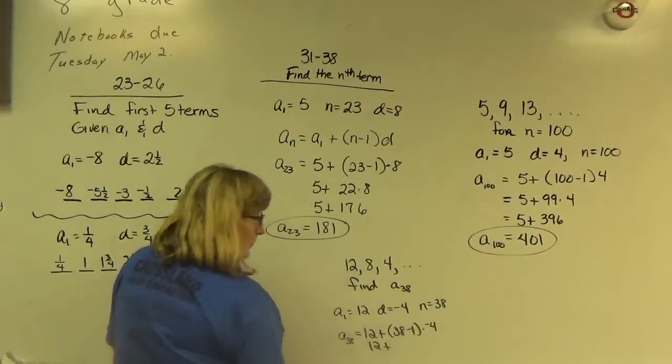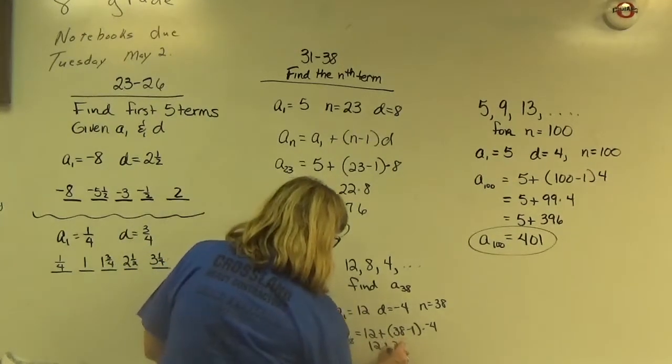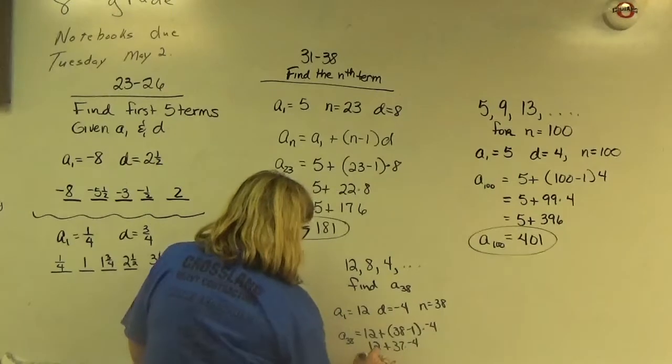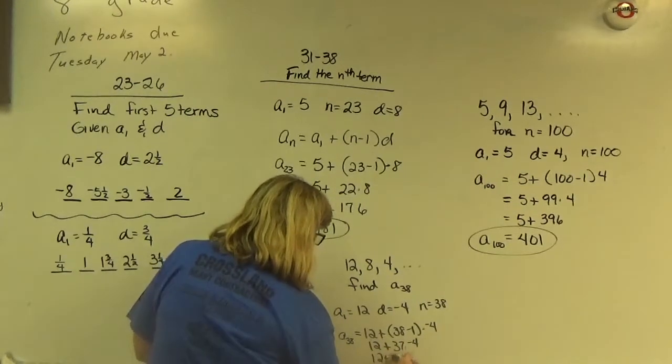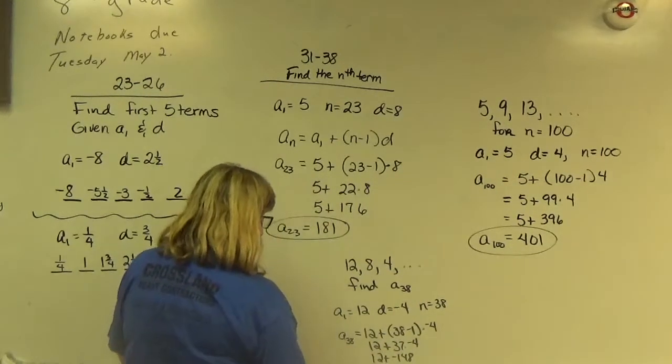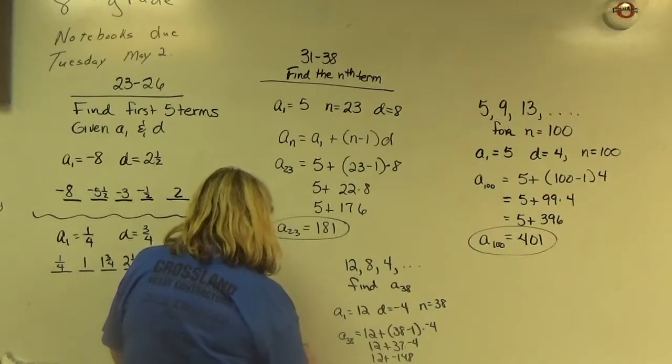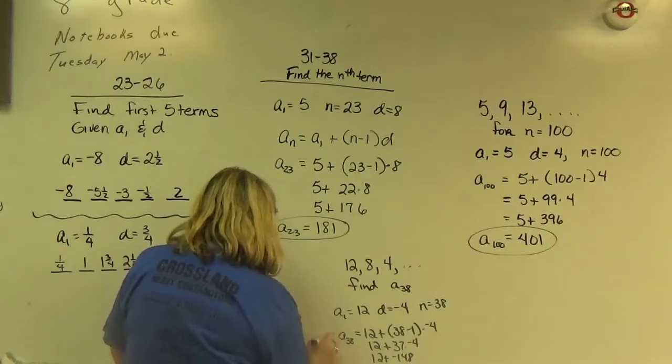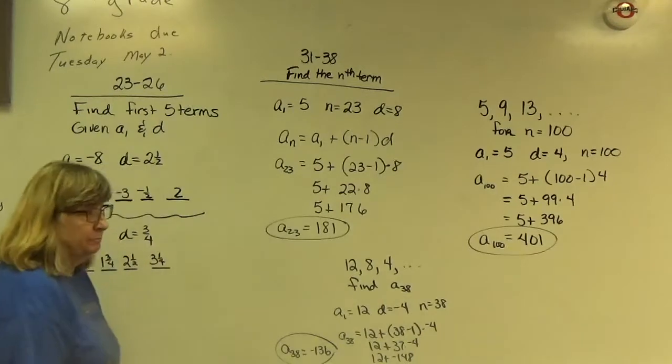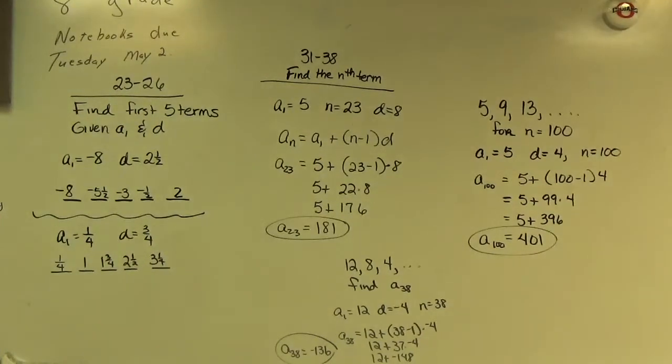So you do what's in parentheses first, so that's 37. You multiply next, negative 148. And if you add 12 to that, you get negative 136. Does everybody agree with that? Okay, so that's 31 through 38.